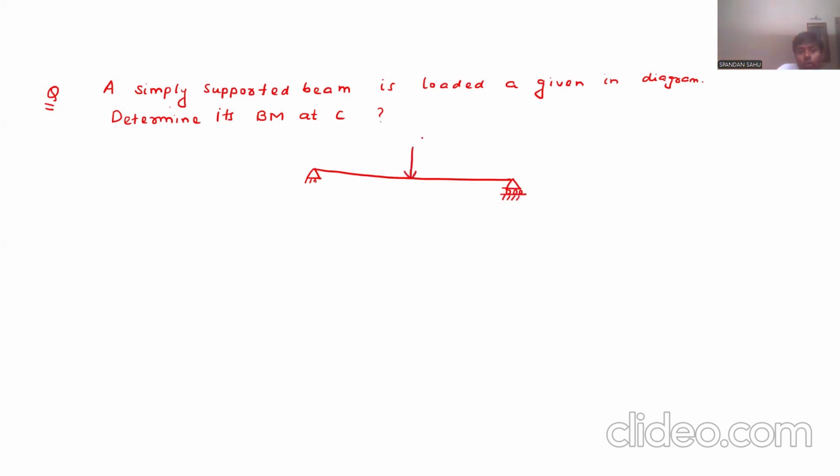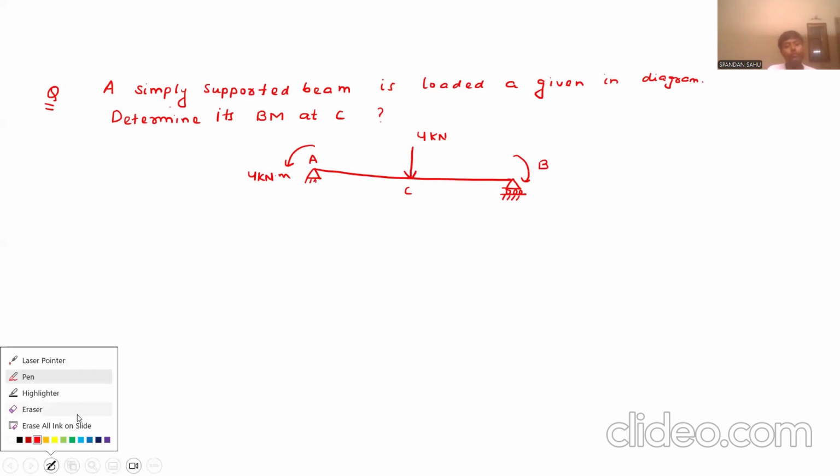A load of 4 kilonewton is there, and 4 kilonewton meter and 4 kilonewton meter moments are acting. This is A, this is C. So they are asking to determine the bending moment at C.